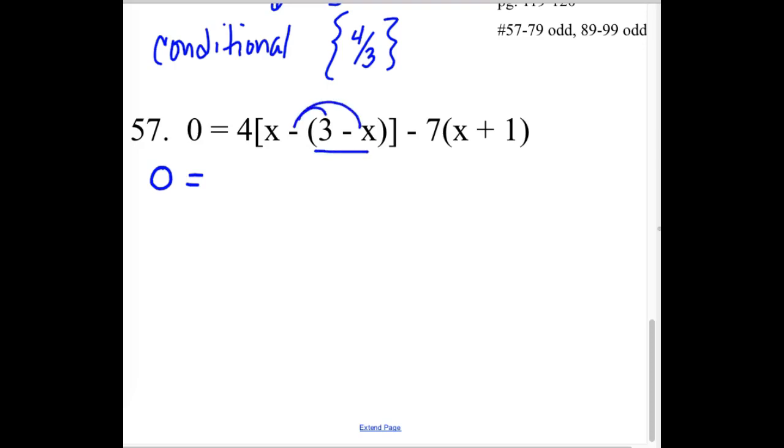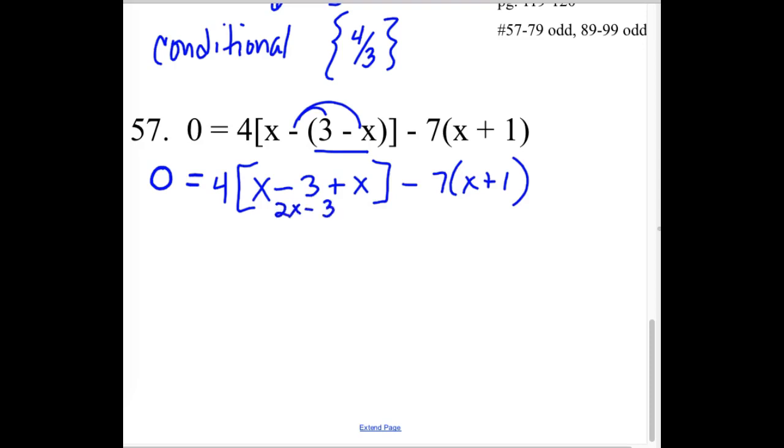Distribute the negative. All right, so we have 4, a bracket, x minus a 3 plus another x. Okay, inside the brackets, we have 2 different x's that we could put together. Make this a 2x minus 3.